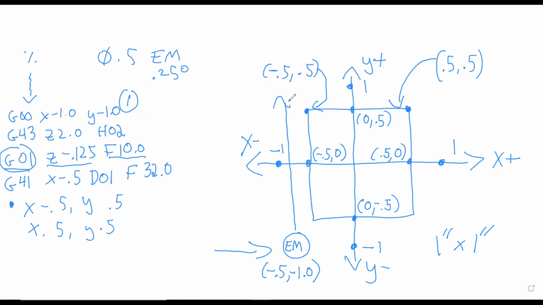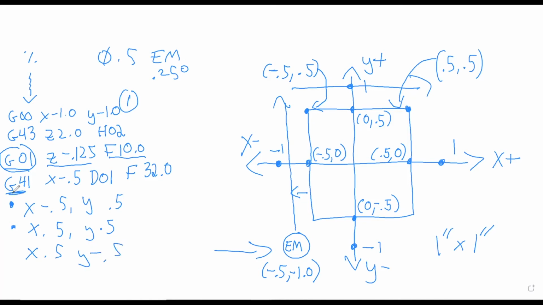But you can see, looking at the 1x1 square, that we're on the left side of the cutting path. Then our next line, X 0.5, Y 0.5, we are staying on the left side of our work piece during our cutting path. Now our following line would be X 0.5, Y -0.5.